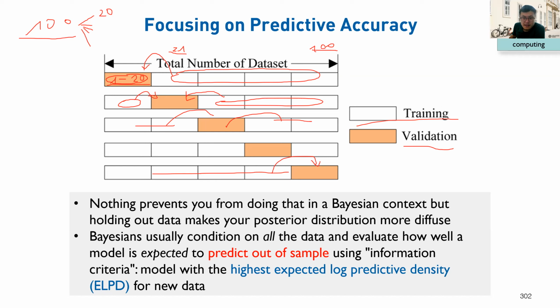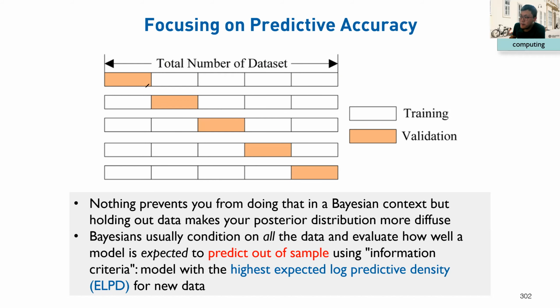This looks good, and potentially it is the best practice, but as you can imagine, it takes a lot of time, right? Because you have to do parameter estimation 5 times, and then do the validation, also 5 times. Also, partitioning these 100 data points into 5 parts is an arbitrary decision.